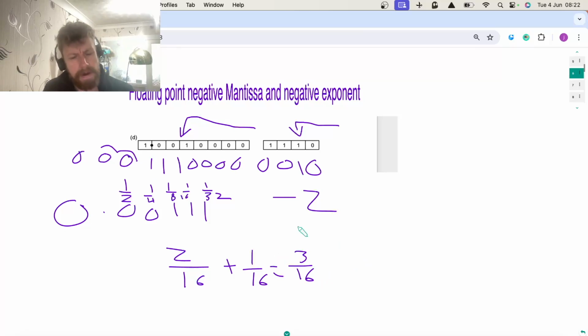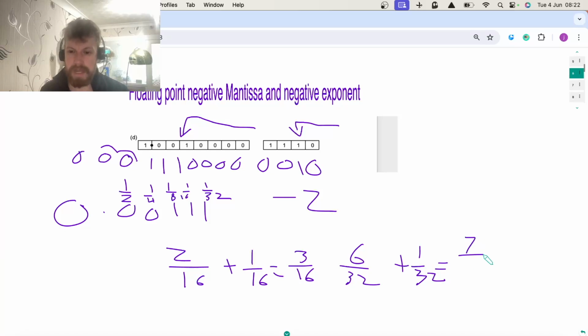And then I need to times that by 2, so then that's going to give me 6 over 32, so I can add it to the 1 over 32, which is going to give me that. Now, a mistake which everyone makes is forgetting to put the minus in. So negative mantissa, it's just a very, very small negative number, which is minus 7 over 32.